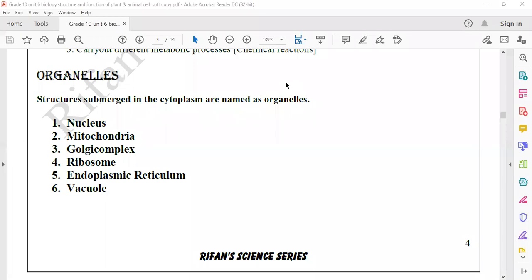They are within the cell, and they do specific functions. They are in the cytoplasm. That's why they are called organelles. Altogether, you have to learn 6 organelles: nucleus, mitochondria, Golgi complex, ribosome, endoplasmic reticulum, and vacuole.